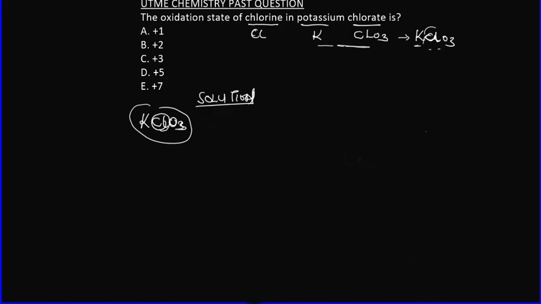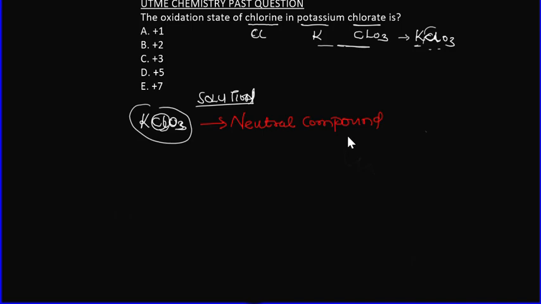So now to find oxidation number, there are rules, and for a compound like KClO₃, which is potassium chlorate, you have to take note that this is a neutral compound. And there's a rule I'm going to state that will help us solve this question.